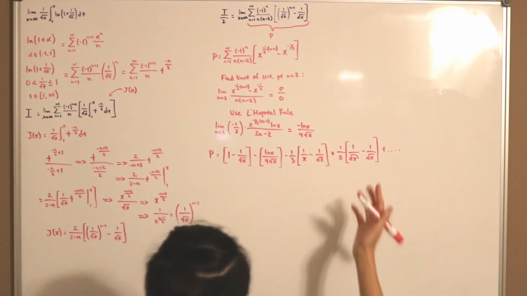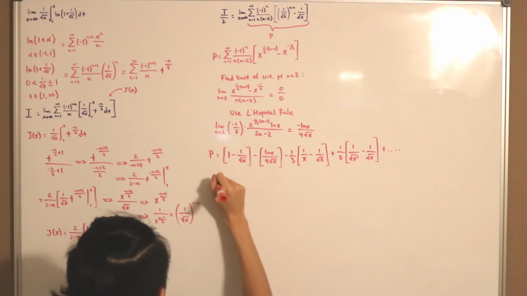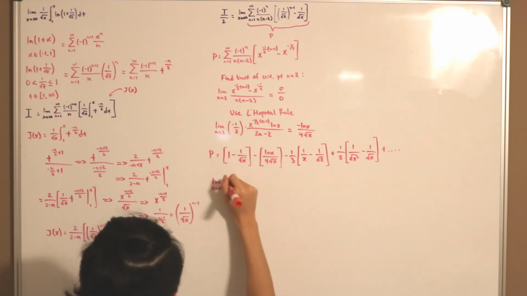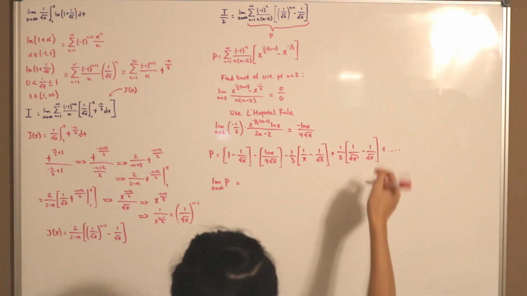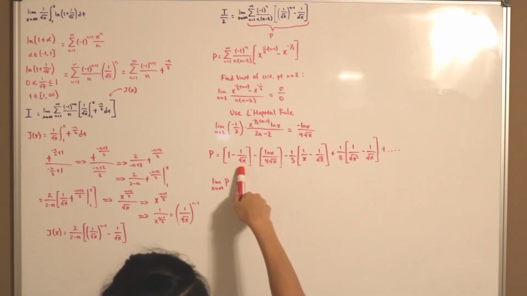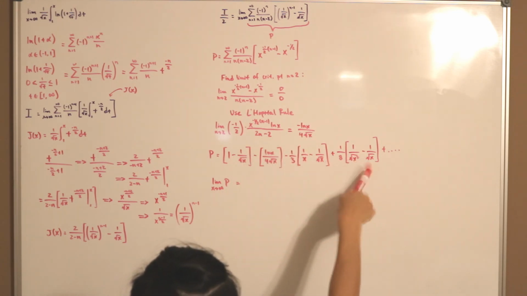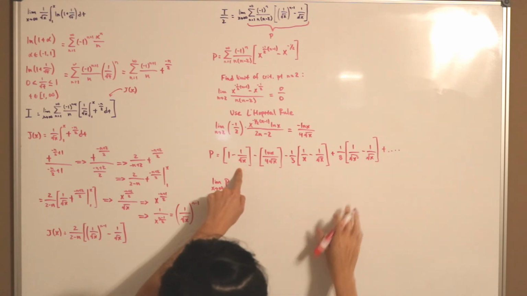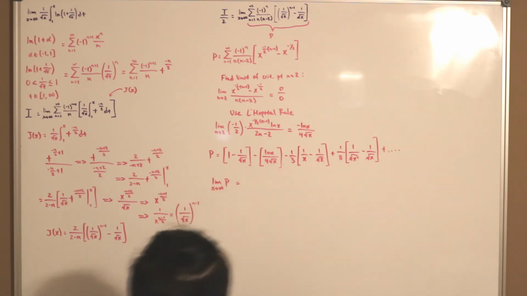Now that we have that, let's actually take the limit as x approaches infinity. So the limit as x approaches infinity of p is equal to this expansion. Notice that when x approaches infinity, this is going to be 0, this is going to be 0, 0, 0, 0. So this piece, and from here all the way onwards, is going to equal 0.